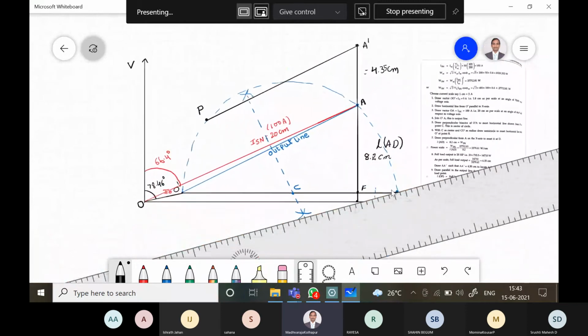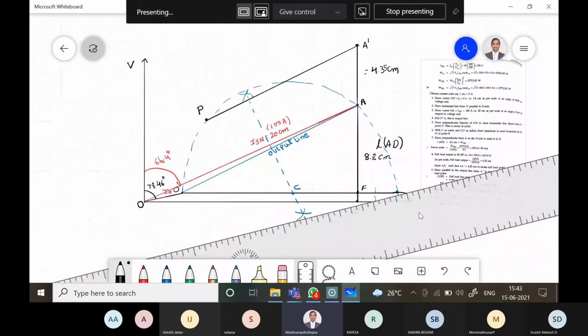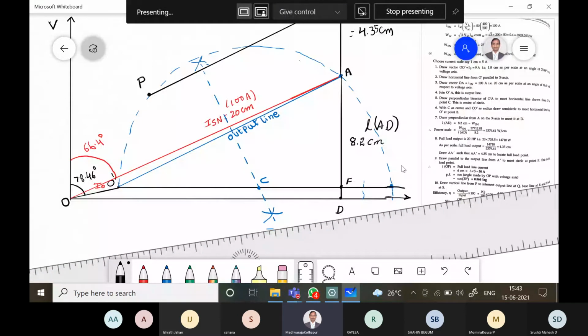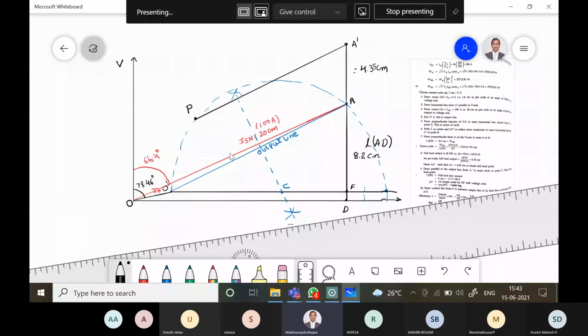All of you got this? P point. It will meet the circle at point P. This is called the full load point.